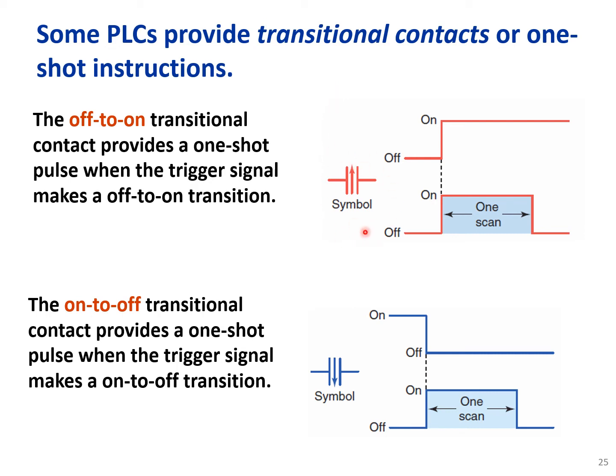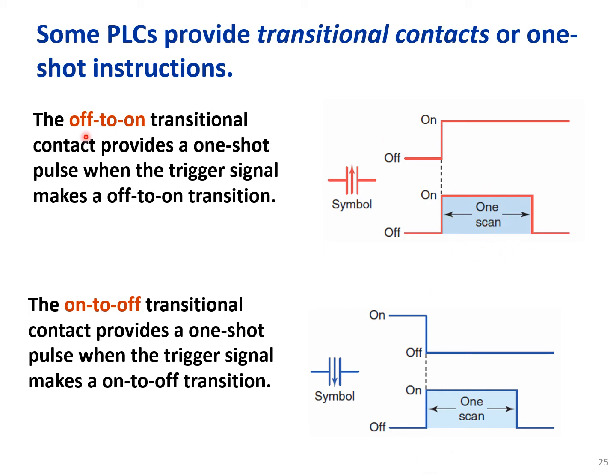In some PLCs we don't have to program those transitional contacts, they are already provided in the programming environment. You can see the symbol, and once the logic behind that transitional contact comes true, the contact stays on for only one scan.